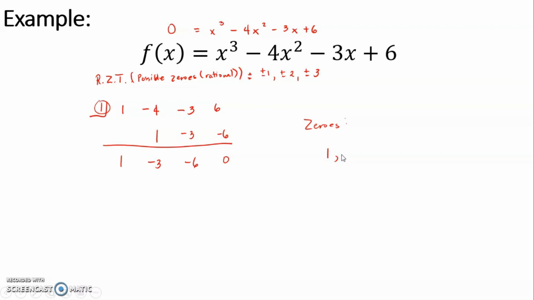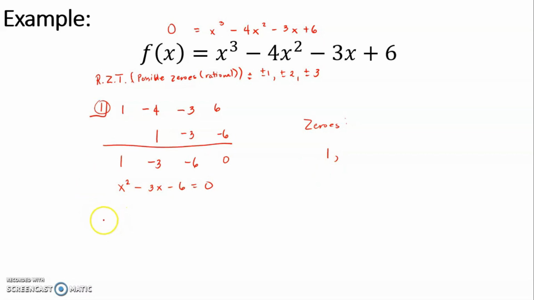So how am I going to get the other 2 zeros? I will simply change this expression into a quadratic equation. That would be x squared minus 3x minus 6 equals 0. Then use the quadratic formula to solve for the other zeros of this function.